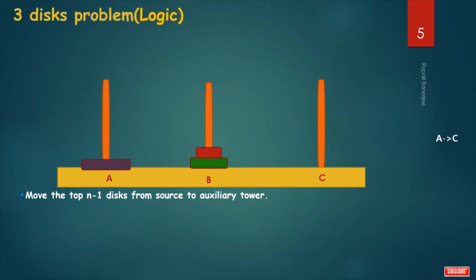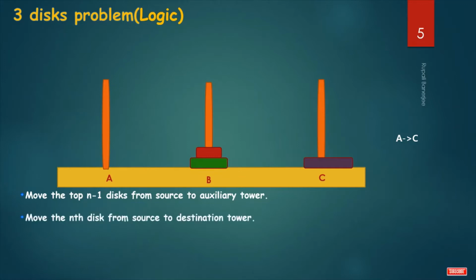Next, move the nth disc from A to C. So the logic is: move the nth disc from source to destination tower.